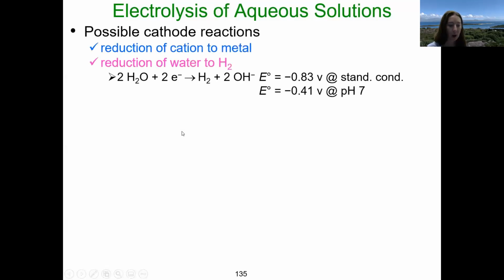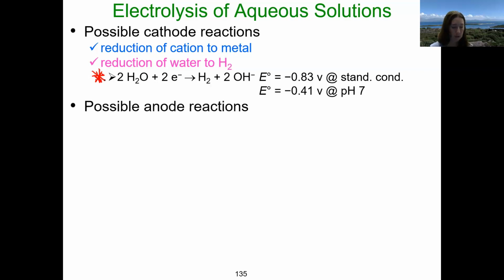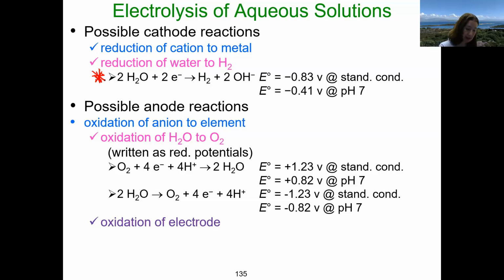Okay, now here's where we're going to talk about water. Water's kind of messy. Why? Because it's on our reduction chart twice. So this is the reduction equation for water. This is the oxidation for water. Great, awesome, there's two of them.